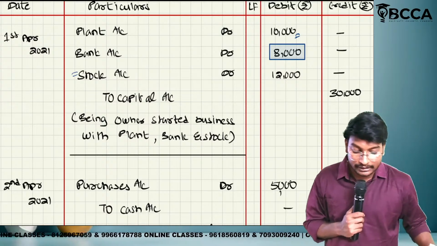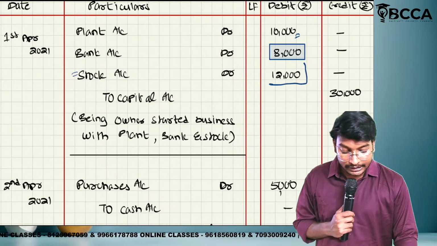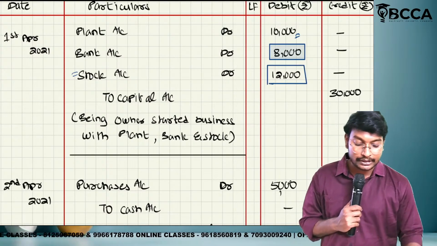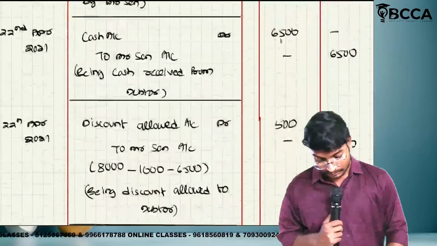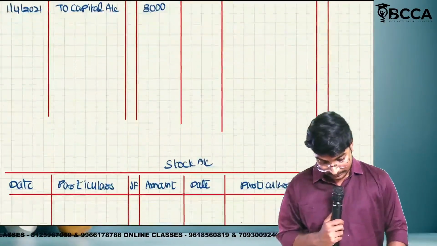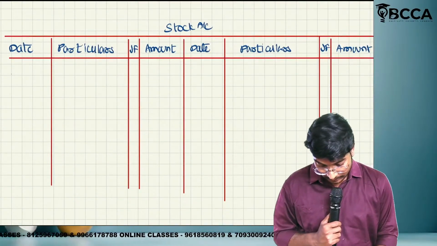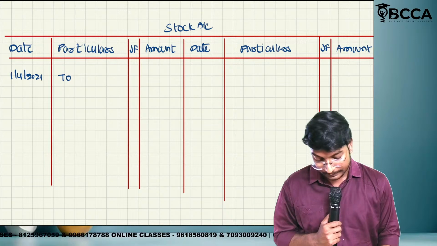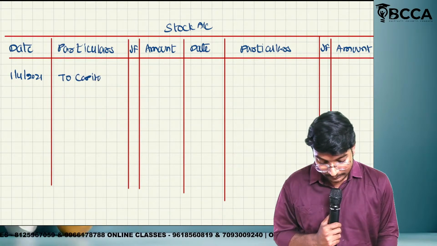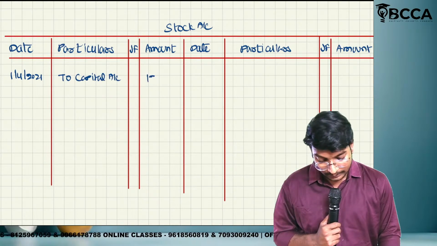So to capital, how much amount? Only 12,000. We should not record the 30,000. So stock, 1st April 2021, to capital, 12,000.